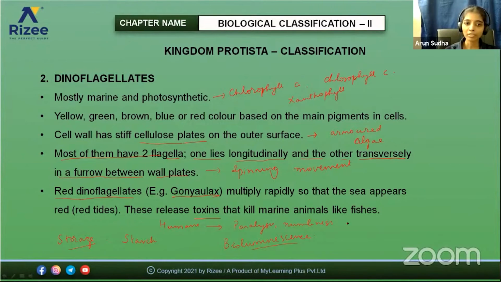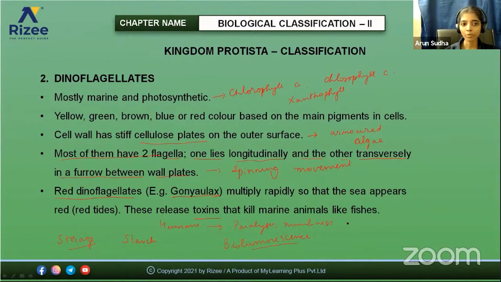So dinoflagellates are marine and photosynthetic organisms, and that photosynthetic activity is due to the presence of pigments. They also differ in color due to these pigments, and the cell wall has stiff cellulose plates. They look like an armor, so they are called armor algae, and most of them have two flagella.